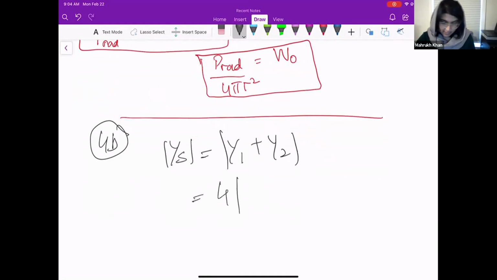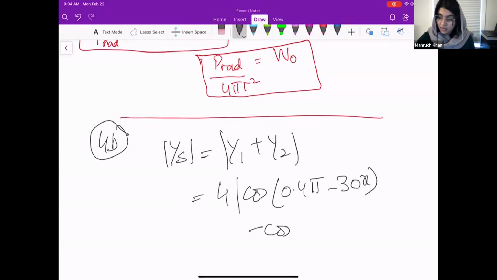I think what I have here is cos(0.4 pi minus 30x) minus cos(0.4 pi plus 30x), right? Something like this.